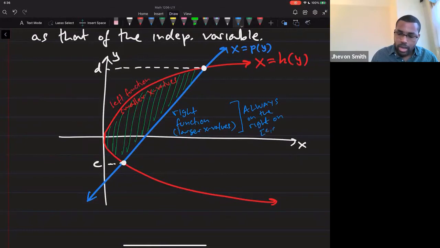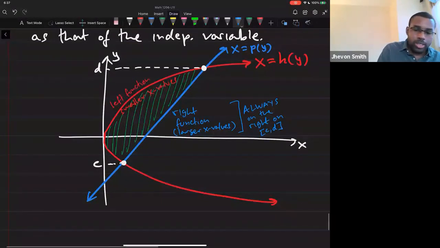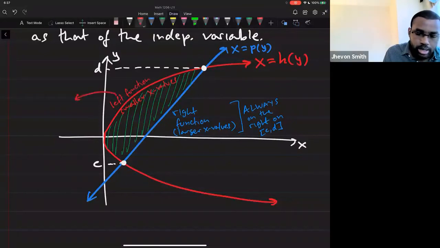On the y-axis interval CD, the left function is always on the left.